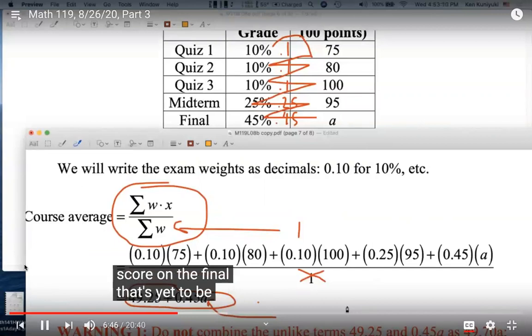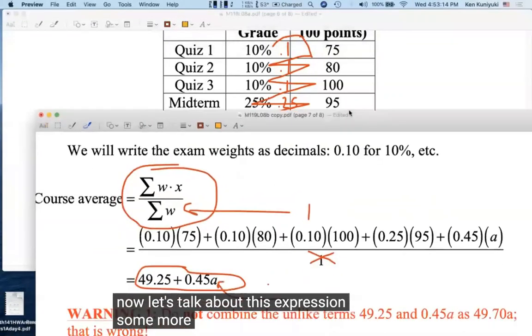That's yet to be determined. Now let's talk about this expression some more.